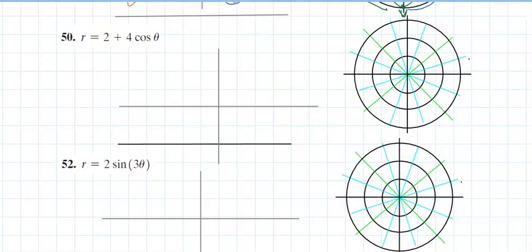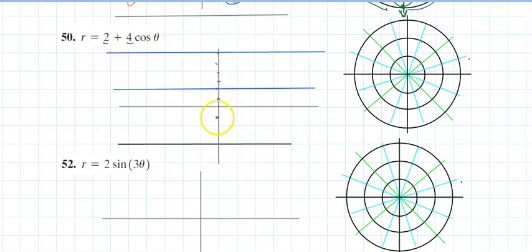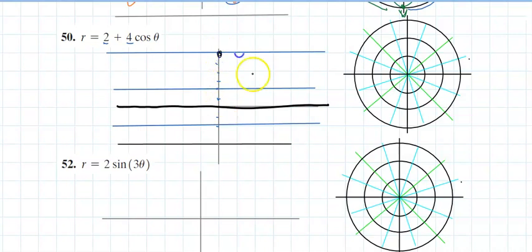If I go to r equals 2, 1, 2, that is my vertical shift, and then 4, 1, 2, 3, 4, and 1, 2, 3, 4. Again, that's why it's really important to know where this traditional axis is. It's a must. So if I look at a graph of a cosine, starts on the amplitude.